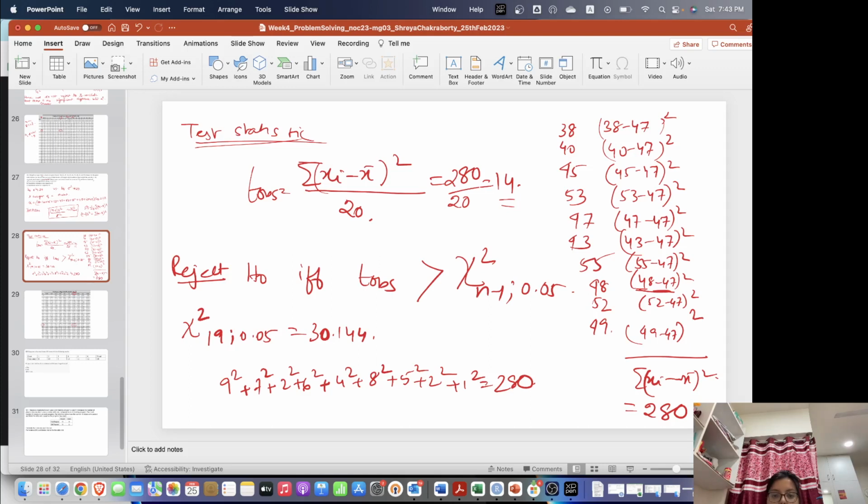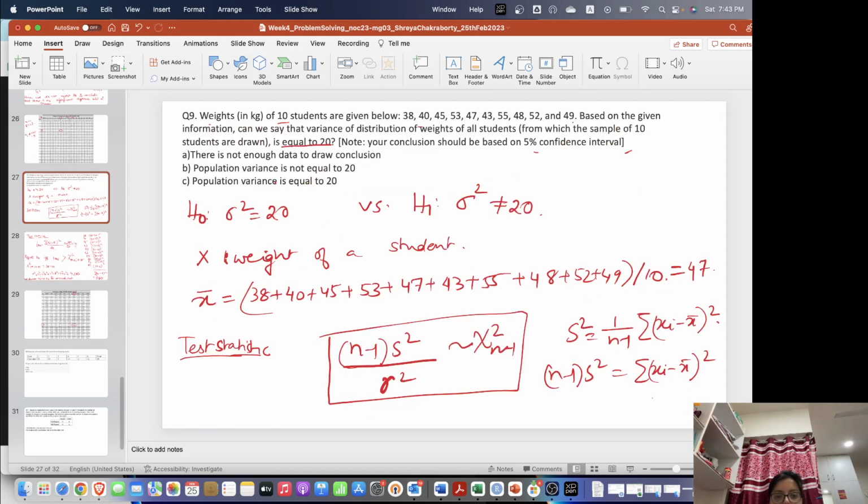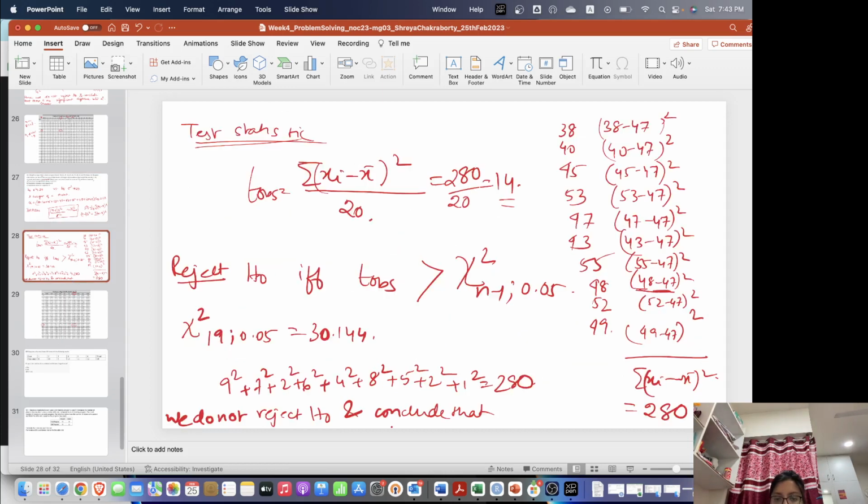We have only 14. Thus, we do not reject H naught and conclude that the population variance is equal to 20.